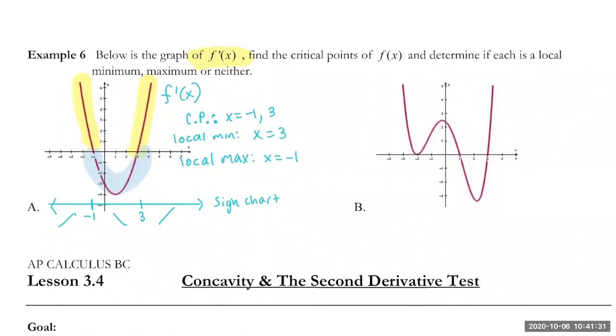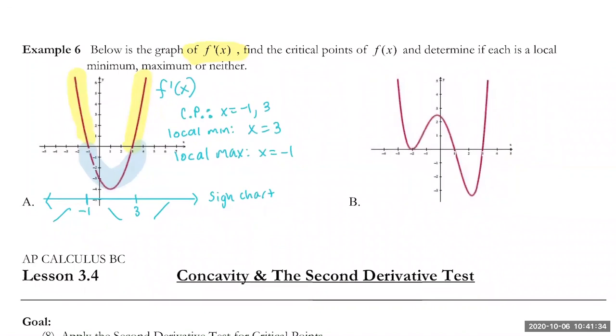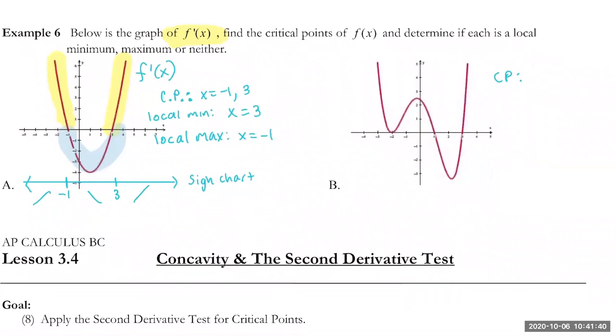All right, on graph B, last example here, can you identify the critical points for me? Good so far. Very nice. Everyone who's typed it in is correct so far.